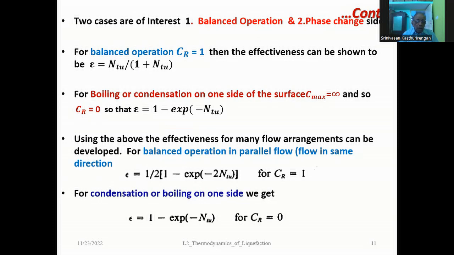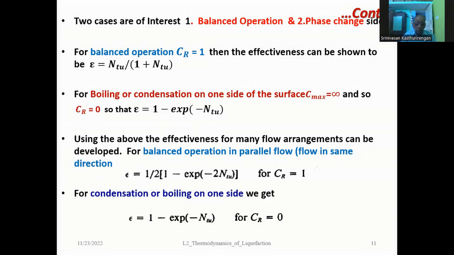Now, in case you encounter boiling or condensation of one fluid on one side of the surface, then your Cmax tends to infinity. The heat capacity at that time, because of the condensation, is infinity. And so CR has to be 0, because CR is nothing but Cmin by Cmax, Cmax being infinity.